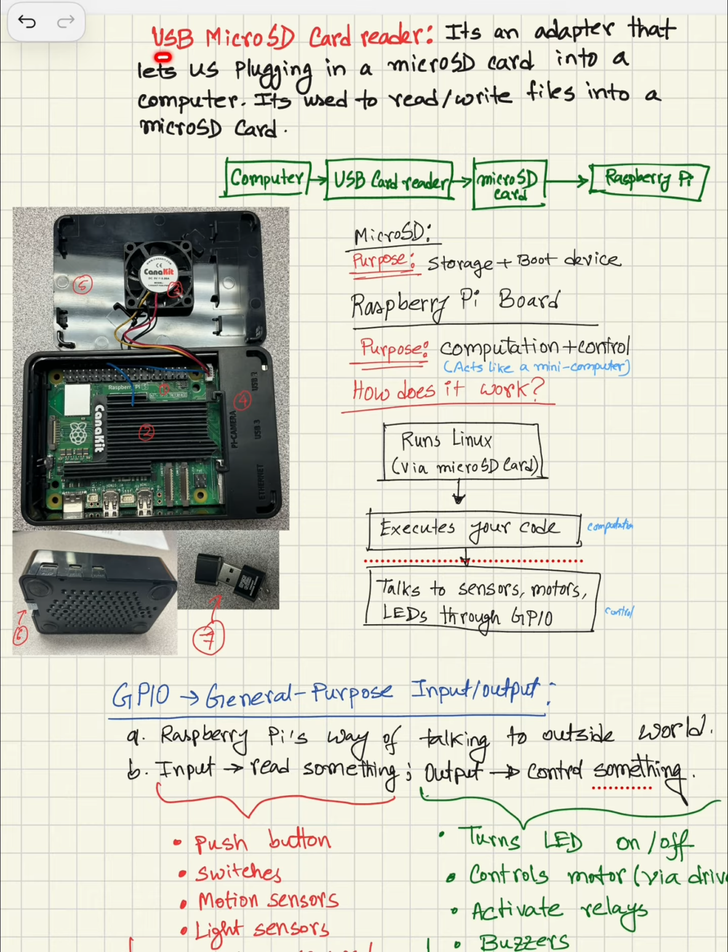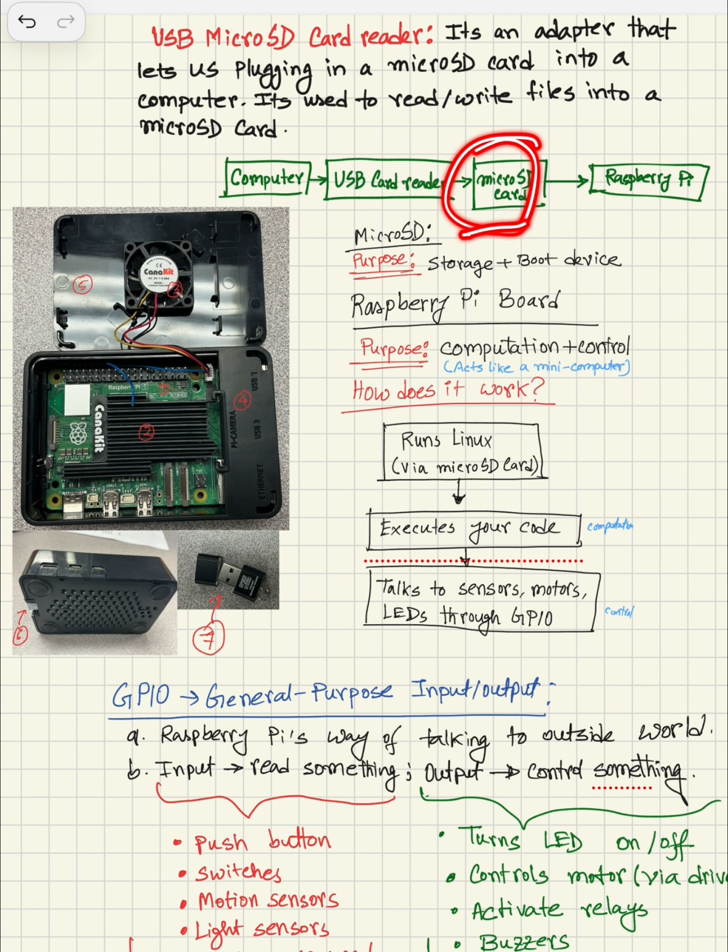A USB micro SD card reader is an adapter that lets us plug a micro SD card into a computer, and then it's used to read and write files to the micro SD card. So it can actually hold information.